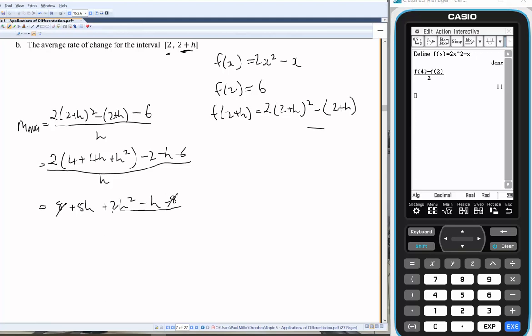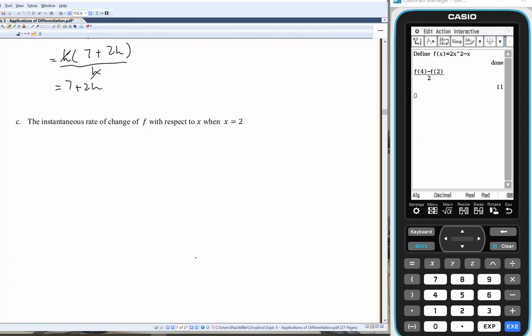That cancels with that. I've forgotten to put it over h, which is 7h plus 2h squared over h. Let's factor out h. 7 plus 2h over h. Cancel them out, and our average rate is 7 plus 2h.